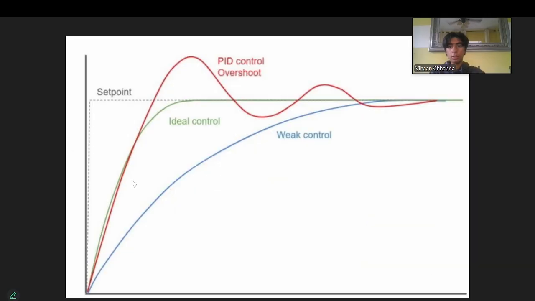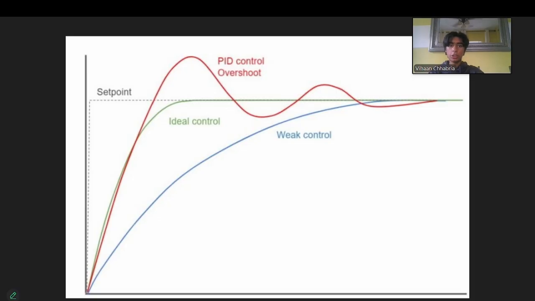The error is the distance from our current point. So at time 0, we're at height 0, and then our set point was 60, I believe, or we can say 60, right? So our error is 60.